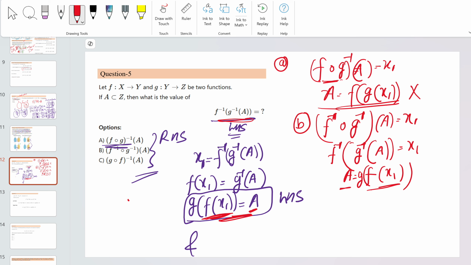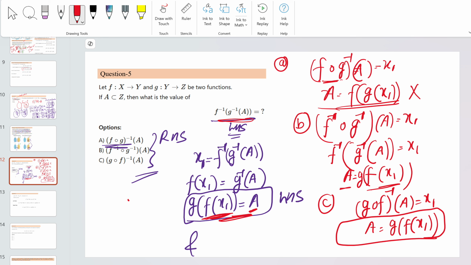So it is possible that it can be equal to both, but if you see the C option, g of f inverse of a is equal to x1. So it means that a is equal to g of f of x1.